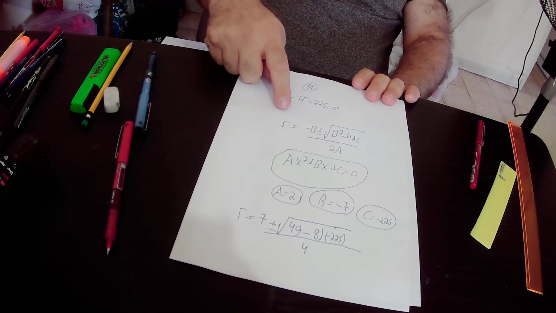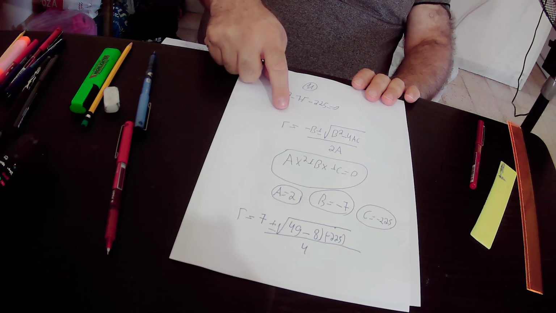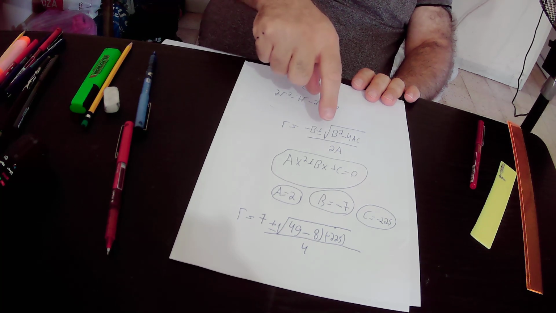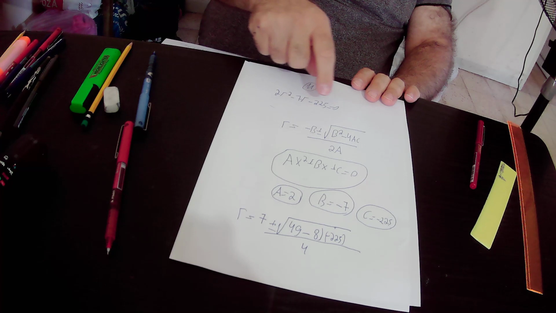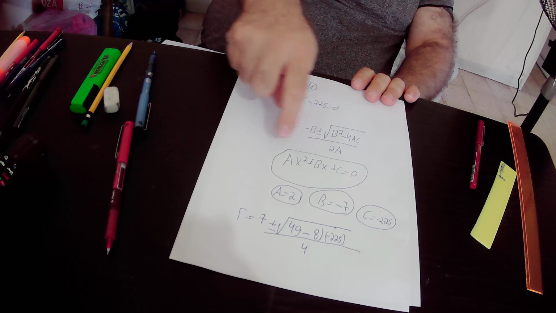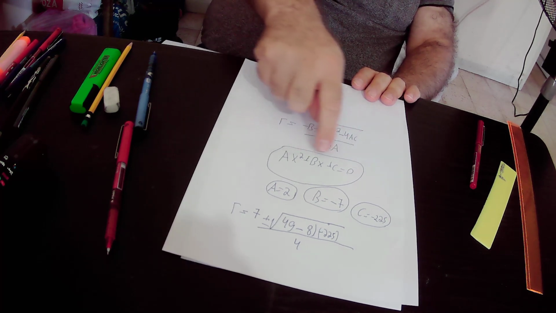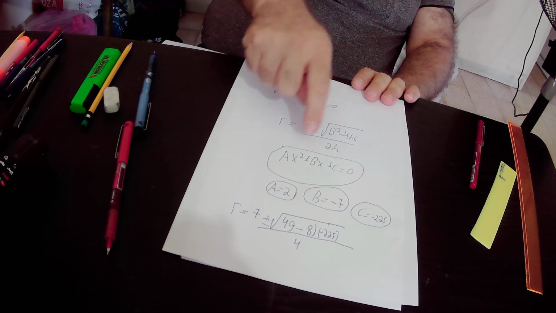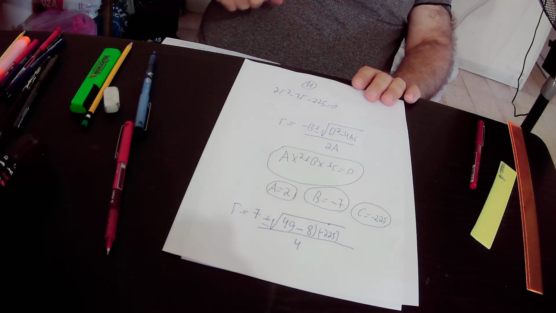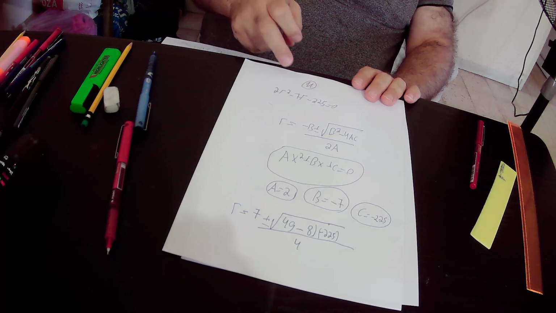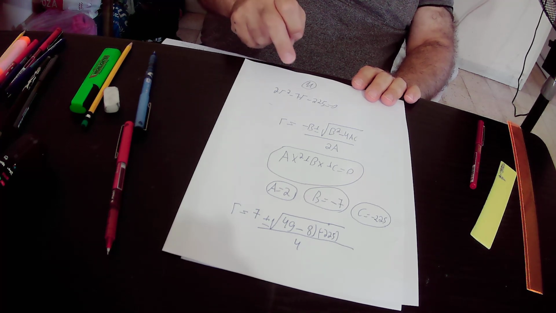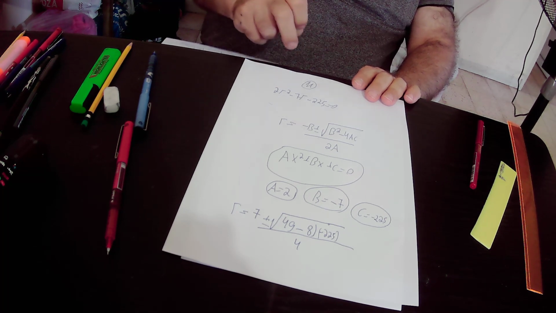The general solution of any quadratic equation is minus b plus or minus root of b square minus 4ac over 2a, where A, B, and C are the coefficients of the quadratic equation. So we have to find the coefficients of our specific quadratic equation in order to find the value of the variable r, that is the radius of the semicircle.